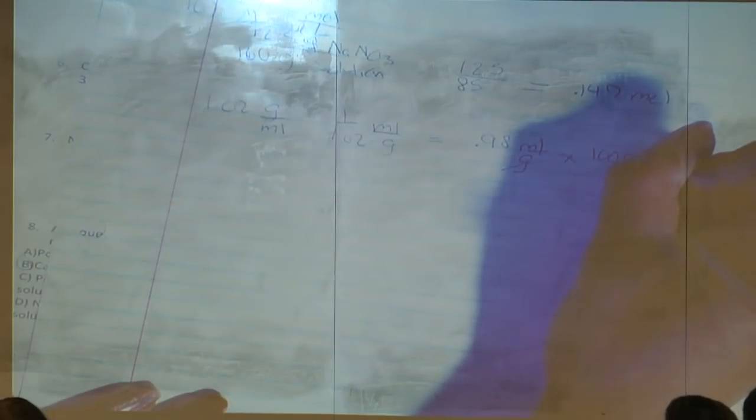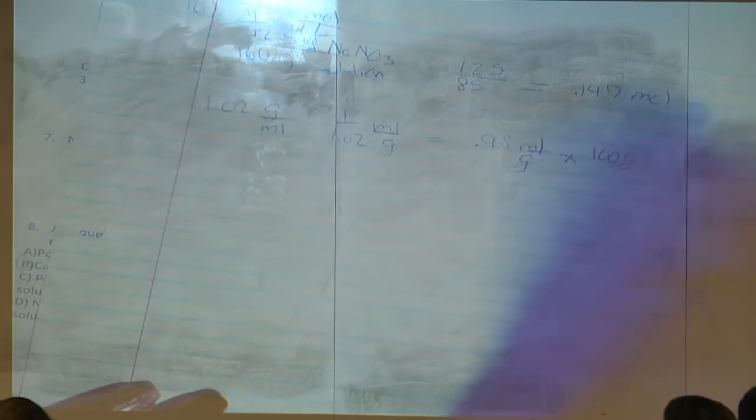And then we said this solution is 100 grams, so we're going to times it by 100 to get rid of the grams. Following? Okay. Just move the decimal place over 2 points, but now it's still in milliliters, so we're going to divide it by 1,000 to get liters.